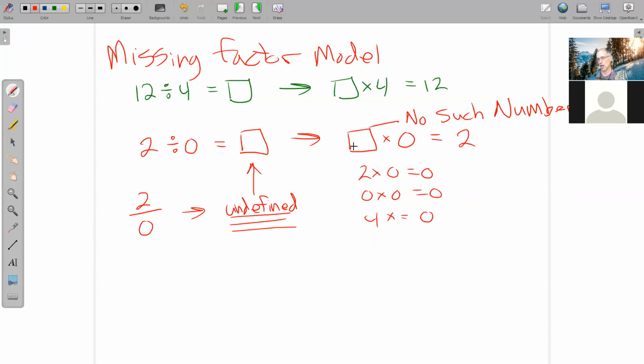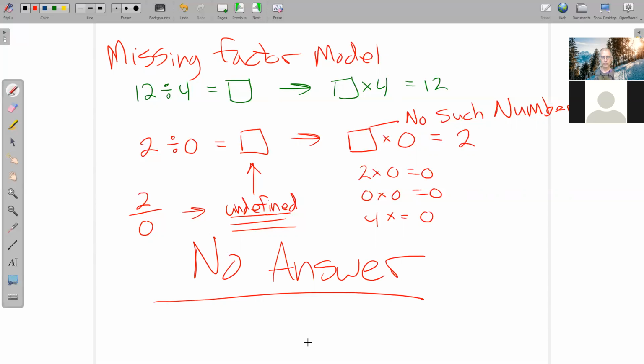We cannot define any way to make that work. It's just undefined, there's no answer. So in this case, undefined, there is no answer, no quotient. So again, I think that's the easiest approach. If somebody tried to argue that you can't divide with 0 at all, I could show them that that's false with the missing factor model.